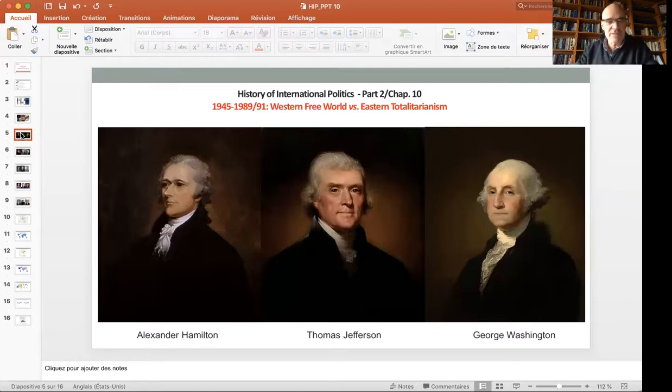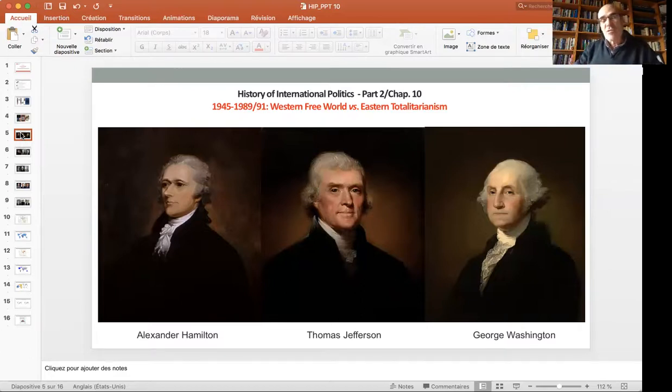This is Jefferson's point of view. We refuse to intervene in Europe. We are exceptional, we are the city upon the hill, we are the beacon of humanity, and therefore we behave differently, and we will not commit ourselves in power political games.